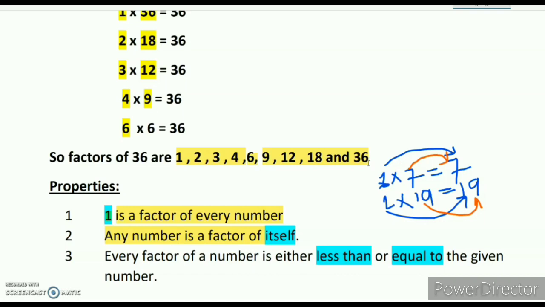So from this we got that the factors of 36 are either less than or equal to 36. The factors cannot be greater than the given number. The factors of 36 go up to 36 itself. They can be either less than or equal to it.